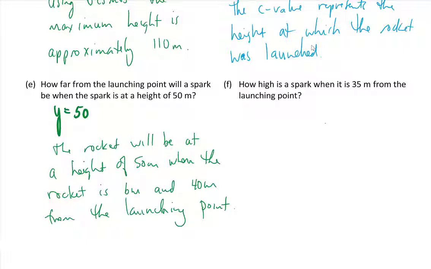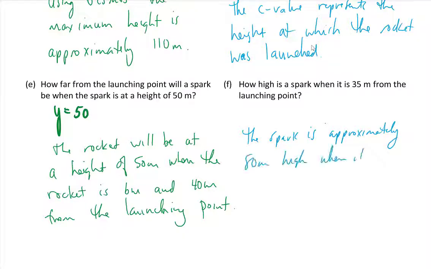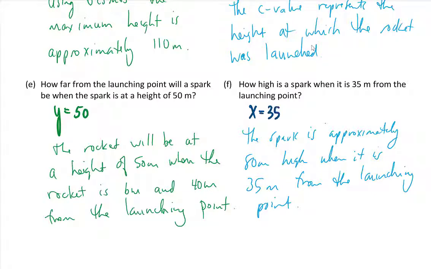So the spark is approximately 80 meters high when it's 35 meters from the launching point. And remember, for this one, we're going to let x equal 35. That's the distance from the launching point.